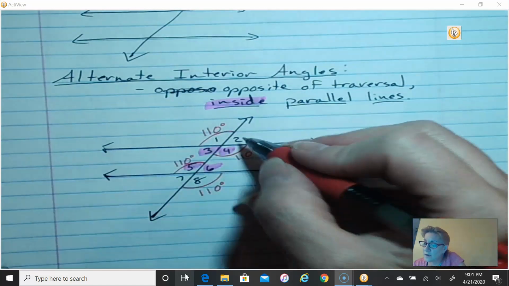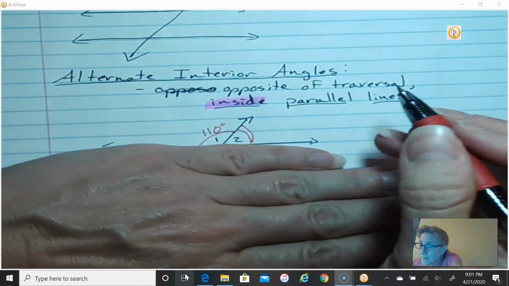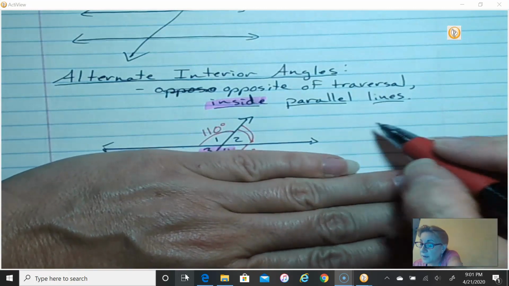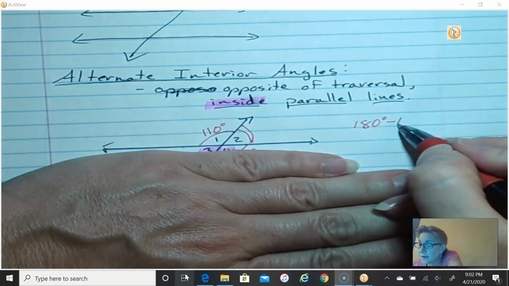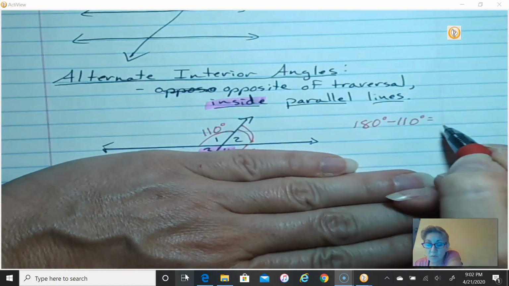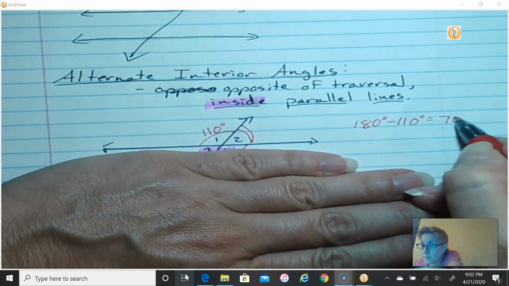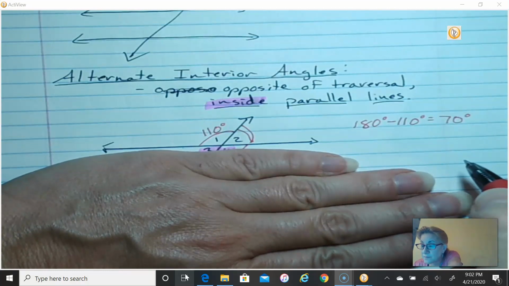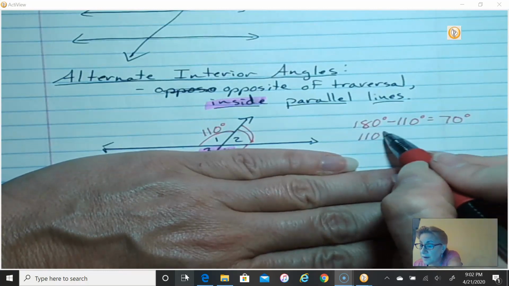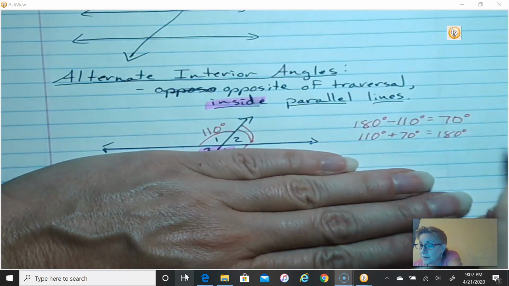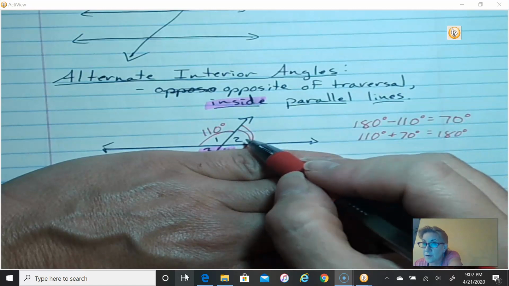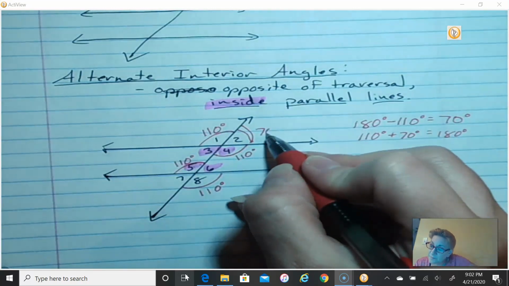So then angle 2 would be 180 minus 110. That would give you 70 degrees, because 110 plus 70 equals 180 degrees. So then 2 is 70.